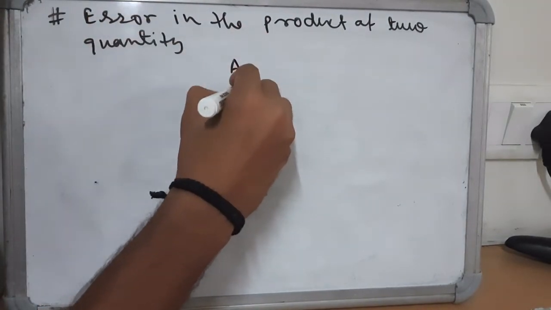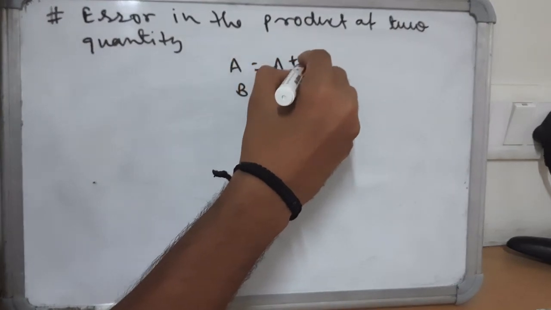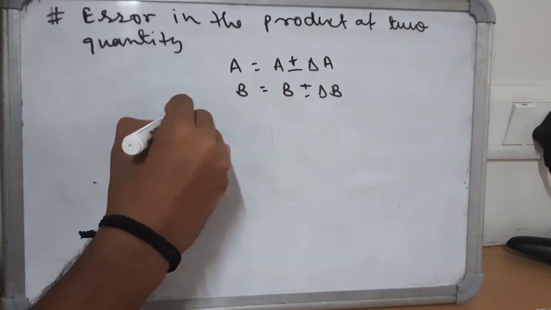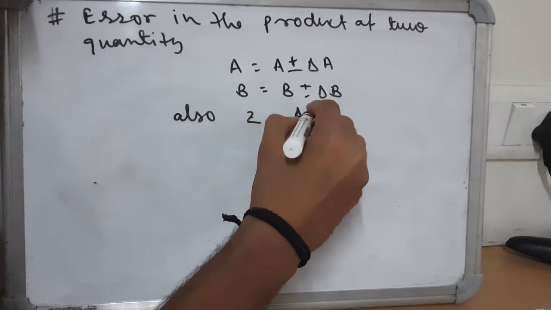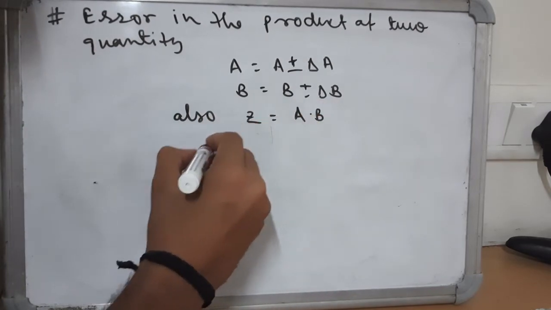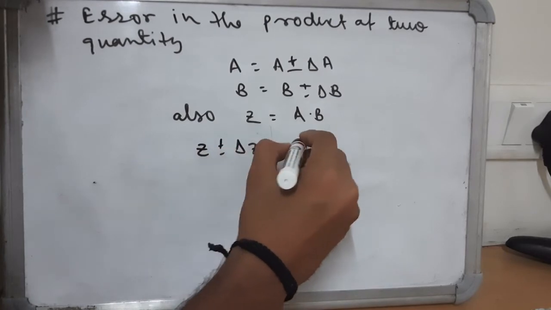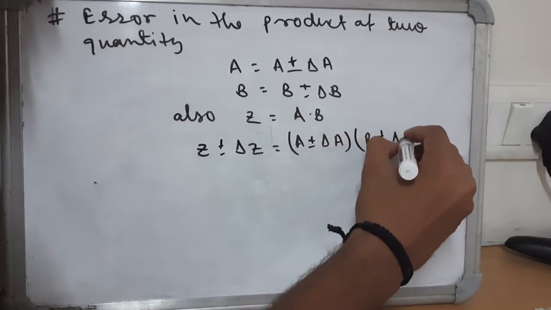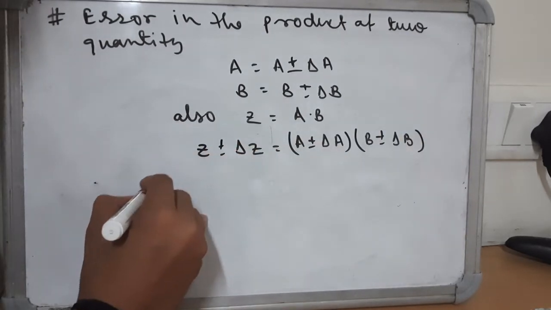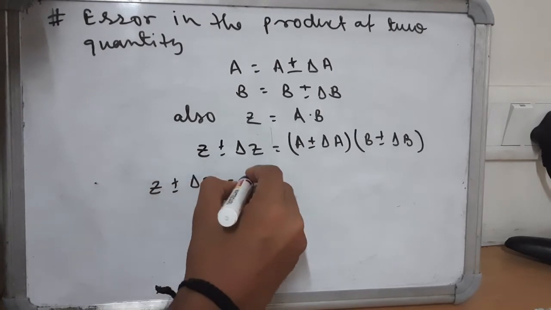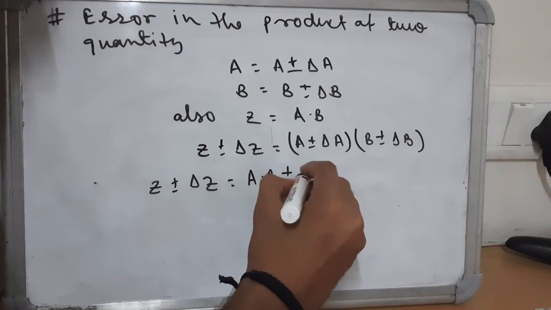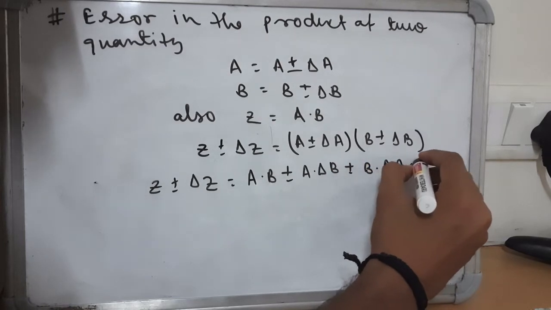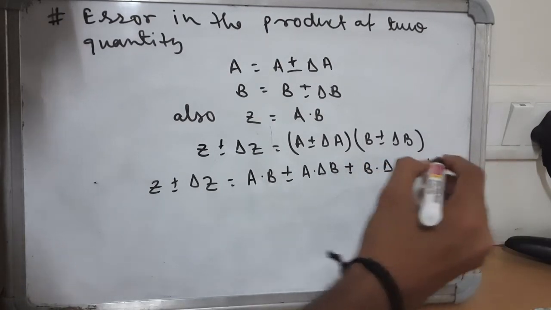Suppose we have two quantities A and B, which are written as A plus minus delta A and B plus minus delta B. Also we have Z, which equals A dot B, the product of A and B. So this Z can be written as Z plus minus delta Z equals A plus minus delta A times B plus minus delta B. On solving the expression, we will get Z plus minus delta Z equals A dot B plus minus A times delta B plus minus B times delta A plus minus delta A delta B.